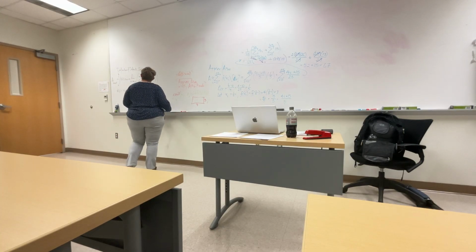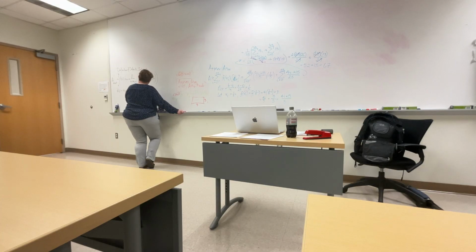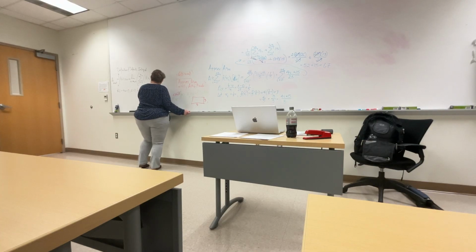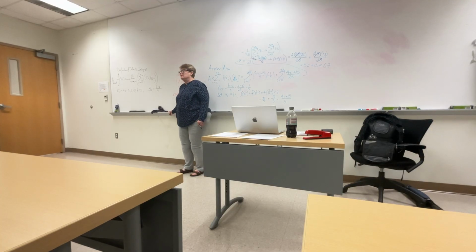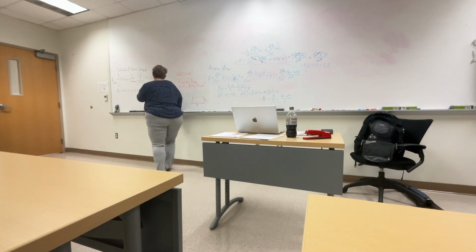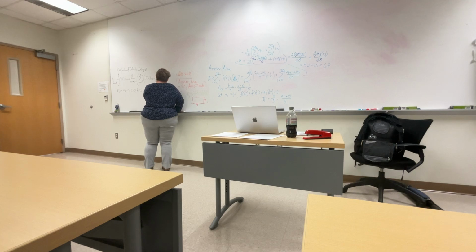So let's see if we can build this. Again, I want to find delta x, b minus a over n. But this time, what value am I not changing? n, exactly. So I've got 5 minus 0 over n, or 5 over n.